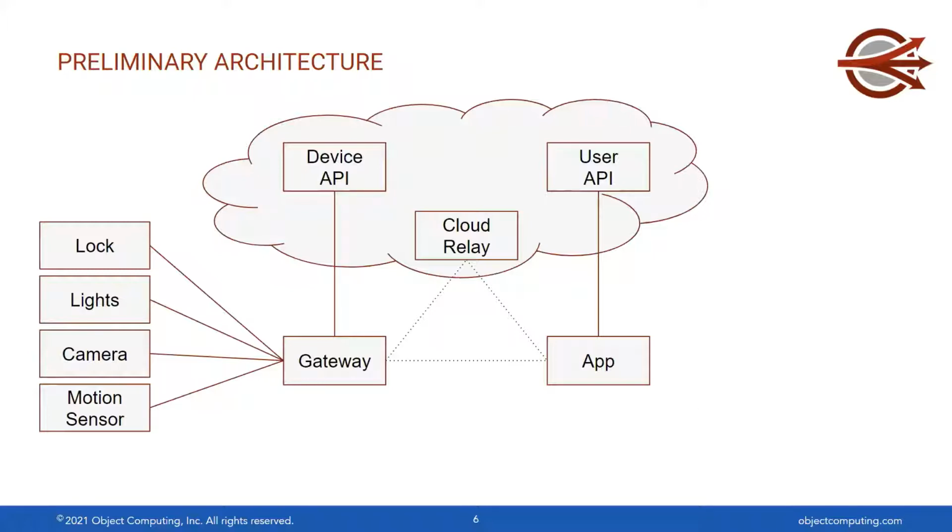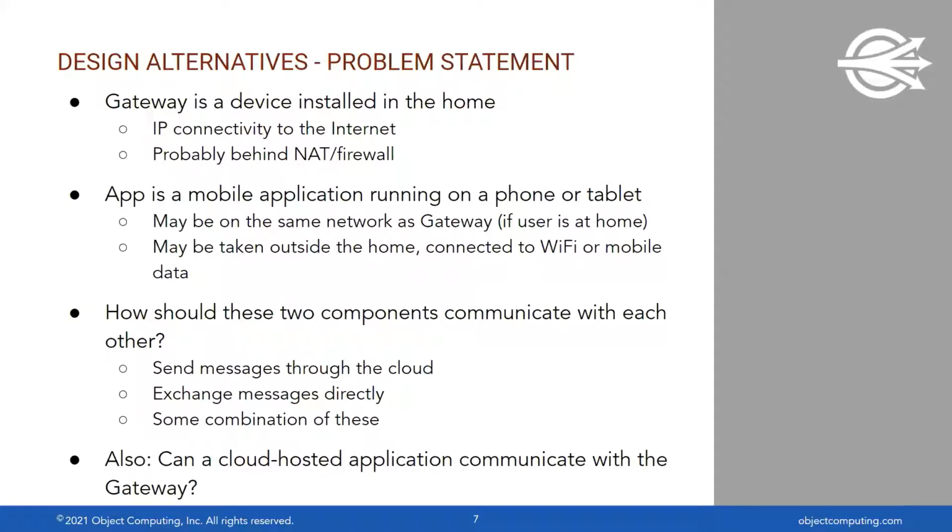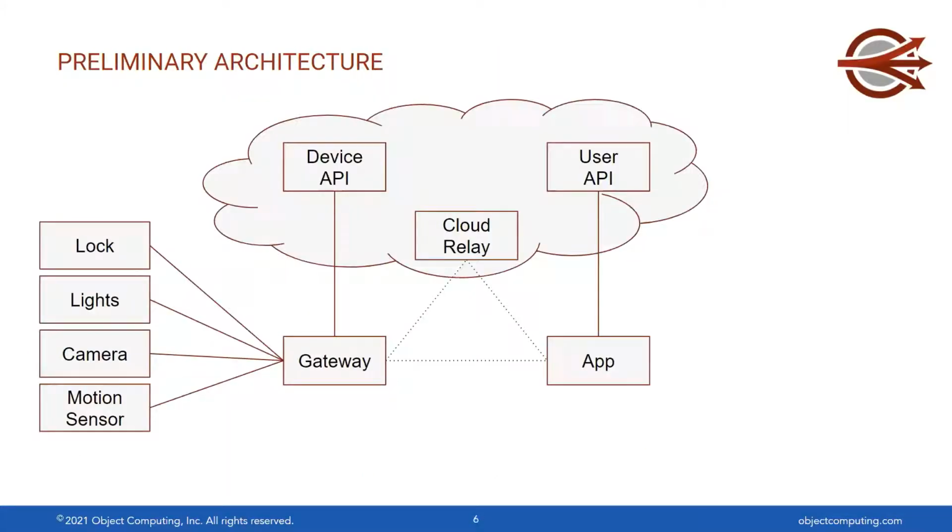And so the problem to be solved here is essentially this dashed triangle in the middle, right? What kind of technologies do you want to use to have the app communicate with the gateway, either directly along this horizontal dashed line or with the help of components running in the cloud?